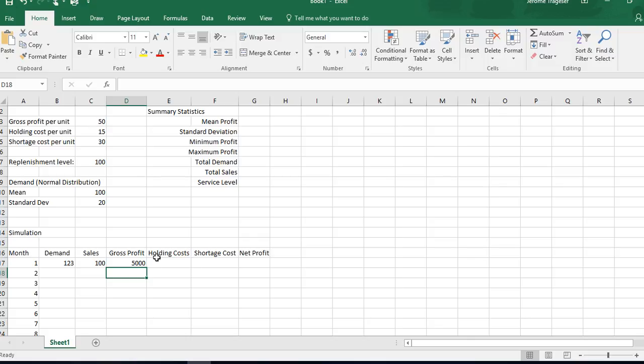Then we need to determine if we have holding costs. Are we holding any? Is the demand less than the replenishment level? So we want to enter an if statement here.